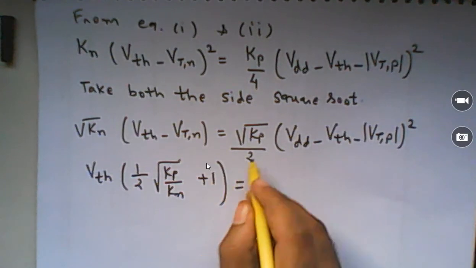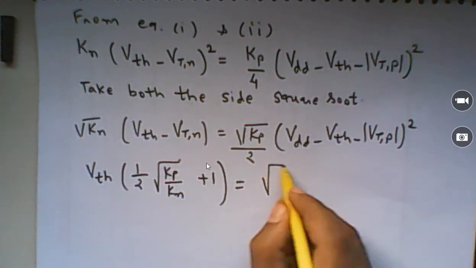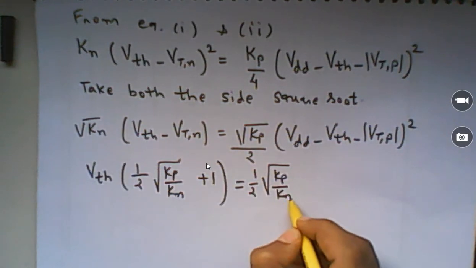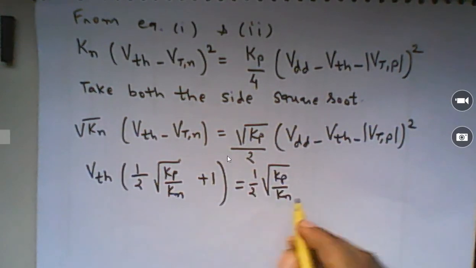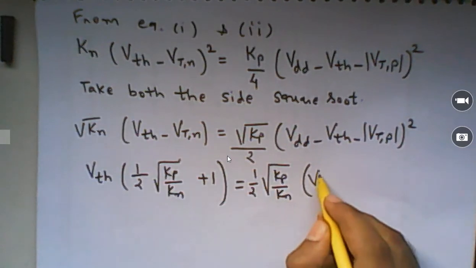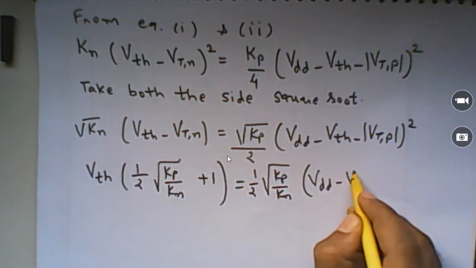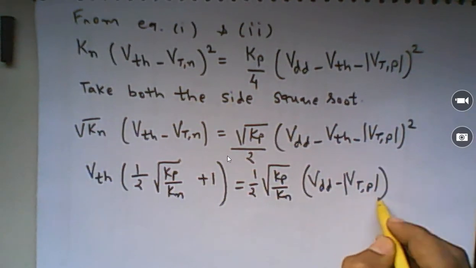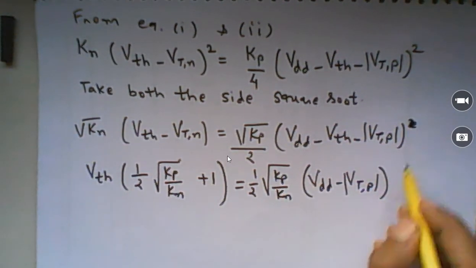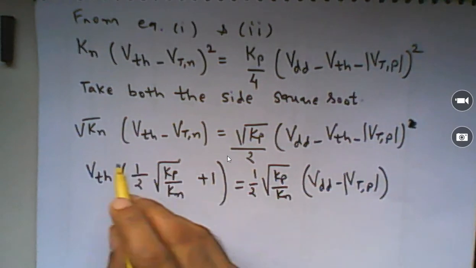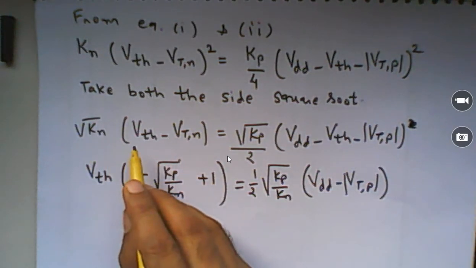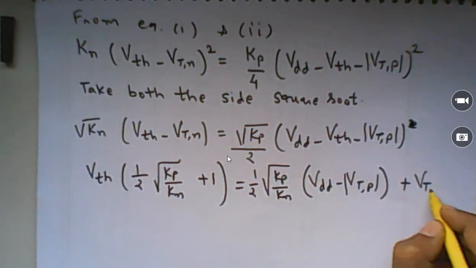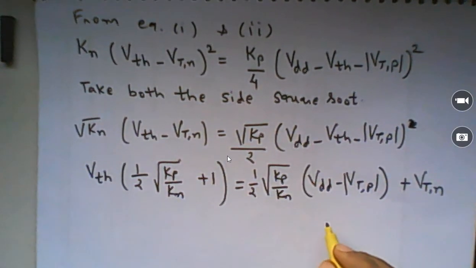And the remaining terms: 1 upon 2 root of Kp divided by Kn into VDD minus VTP magnitude, and then this VTN, so plus VTN.